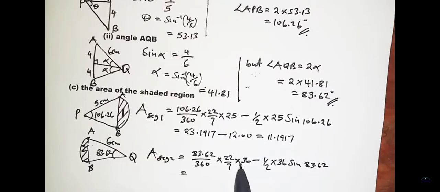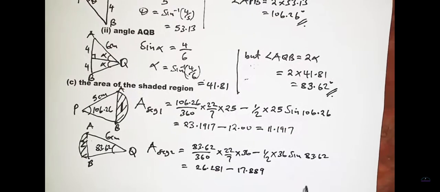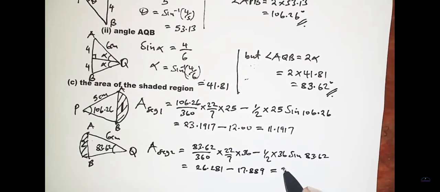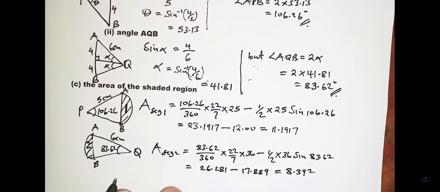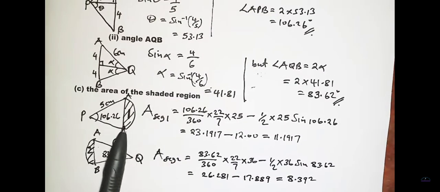So this, from my calculator, I get 26.281, and then this other side I get 17.889. Working out this, my answer is 8.392.